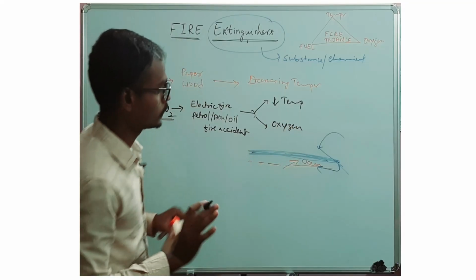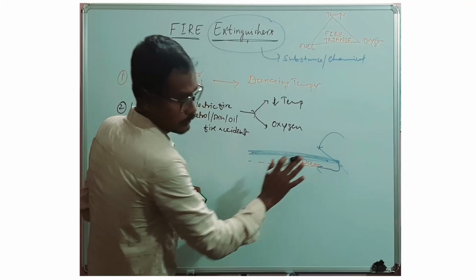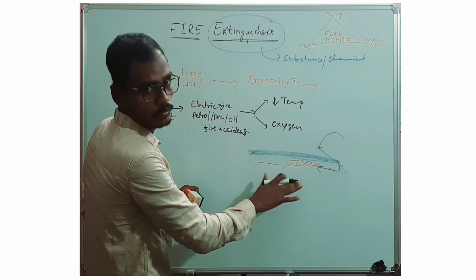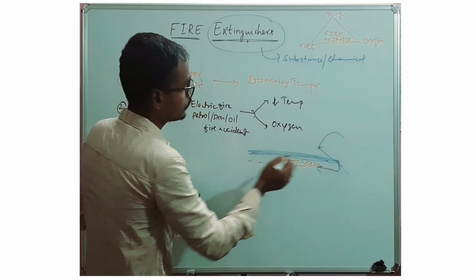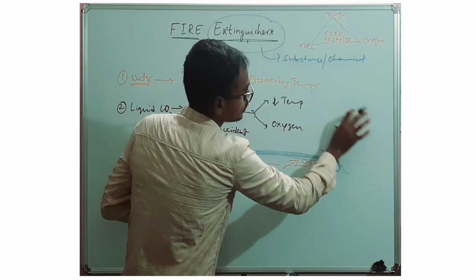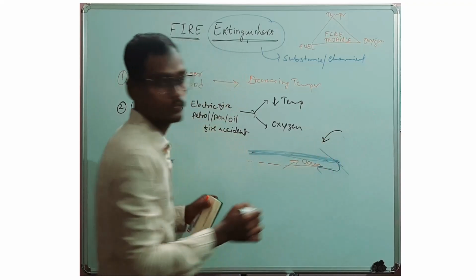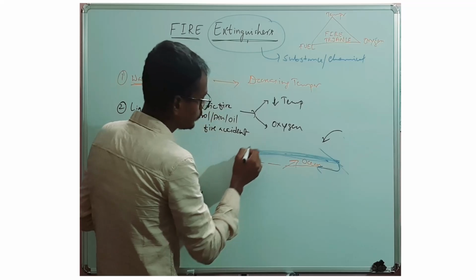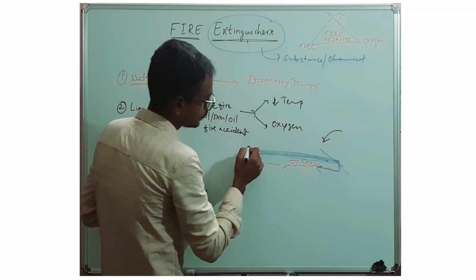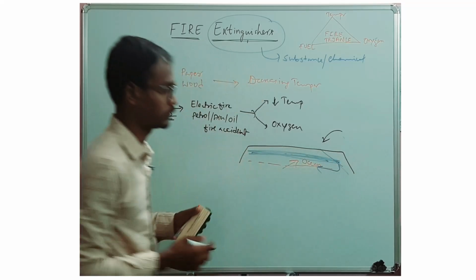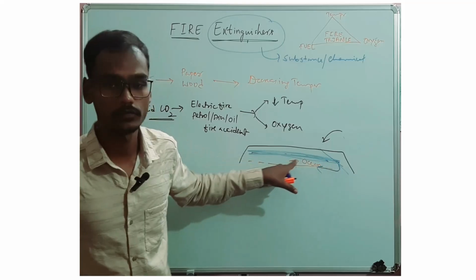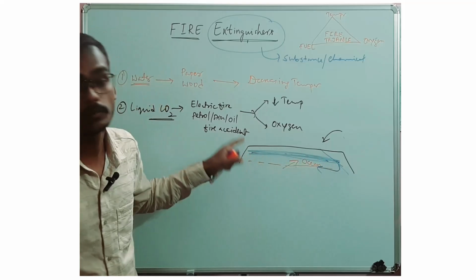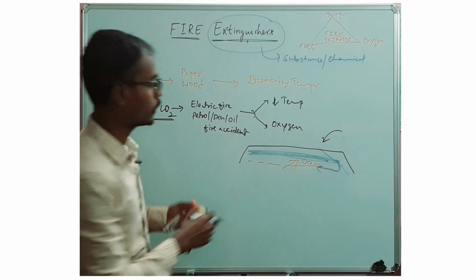For example, this is oil now burning. Under it, water is there. Oceanic water is there. What happens if we pour liquid CO2? This liquid CO2 just covers like this. It covers this oil surface, oil medium, like a blanket. It covers fully. What happens then?